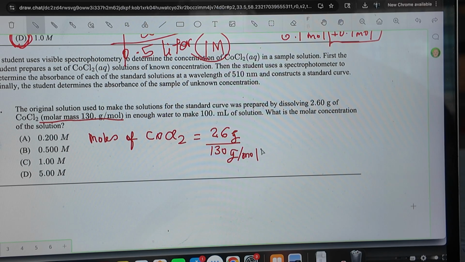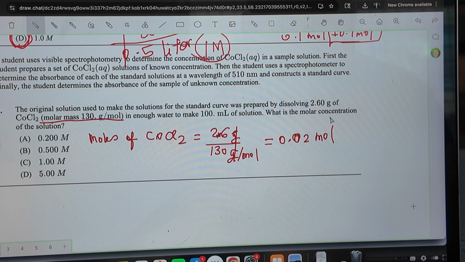If you do the math, 2.6 divided by 130 will give you 0.02 moles, because the grams also cross out.